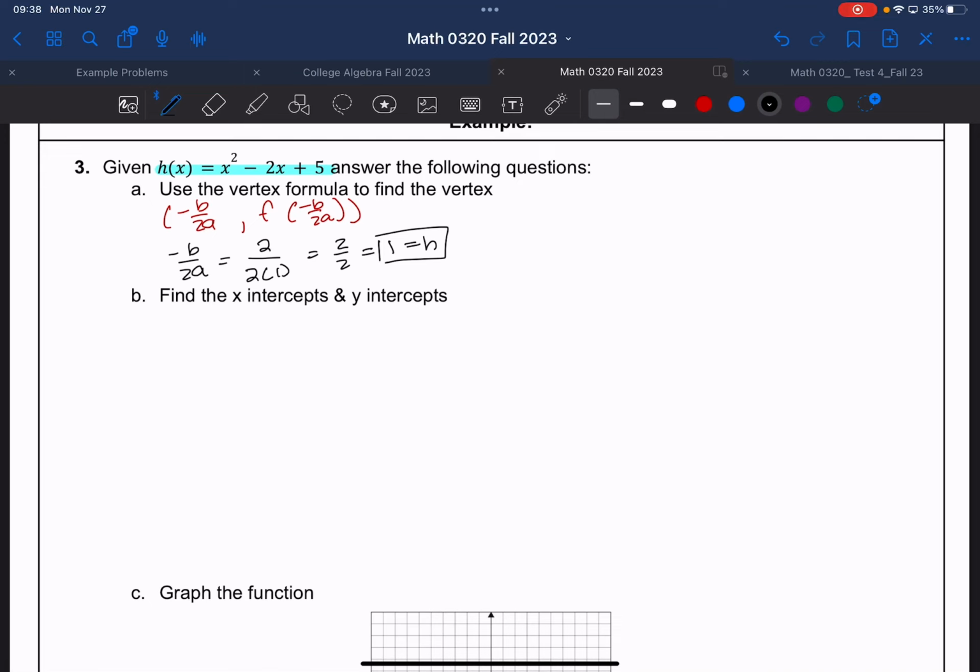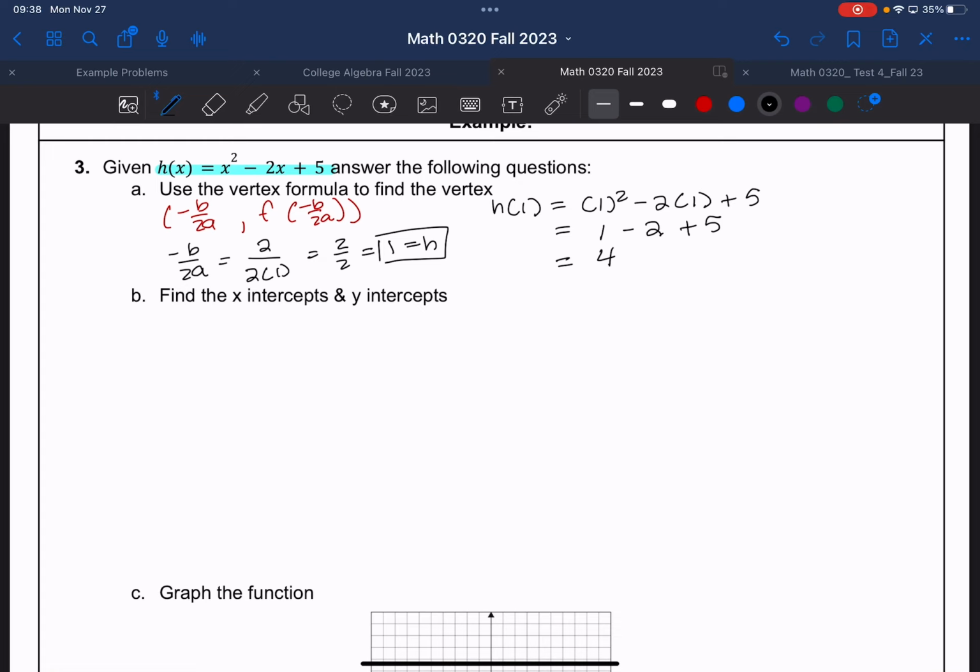Now I'm going to take that 1 and plug it in for x in my function. So I have h of 1 is equal to 1 squared minus 2 times 1 plus 5. This gives me 1 minus 2 plus 5, which gives me 4.